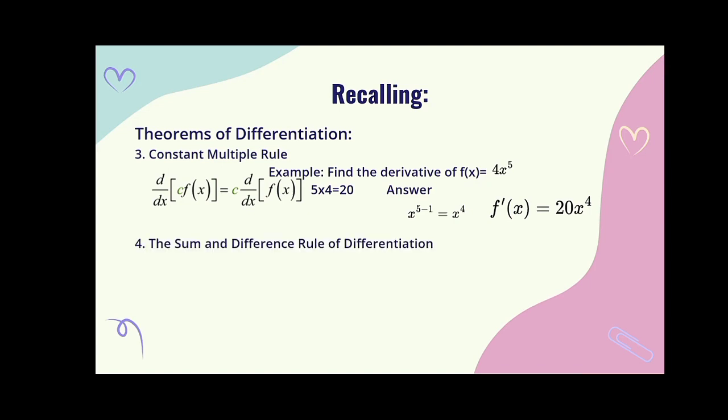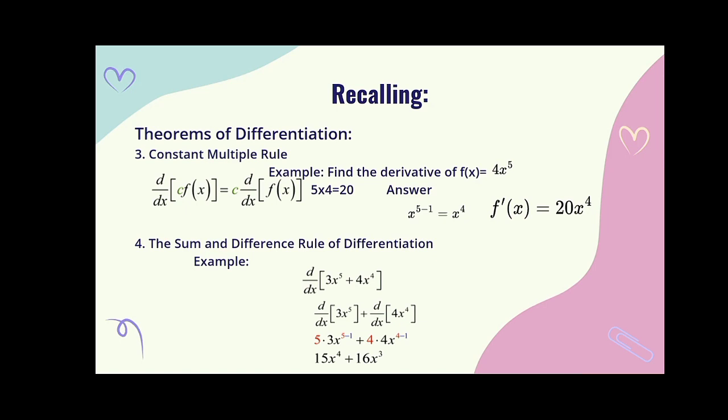So the fourth rule is the sum and difference rule of differentiation. Here, for example, we have a function 3x raised to 5 plus 4x raised to 4. First, we will derive the 3x raised to 5, then we will also derive 4x raised to 4. So we apply the constant multiple rule in 3x raised to 5.